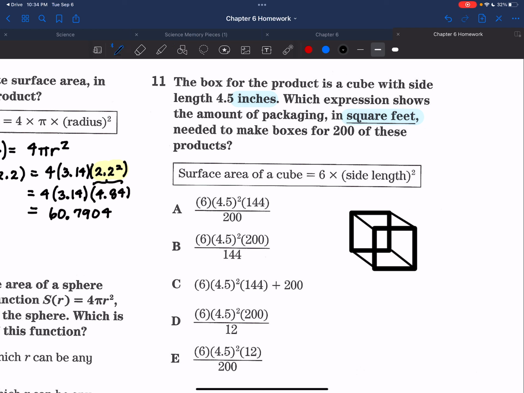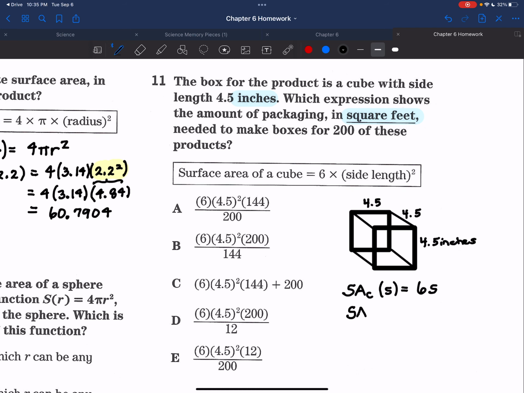So we have 4.5 inches, 4.5 inches, and 4.5 inches. And the formula says the surface area of a cube, and this is going to be based on the side length, is 6s squared.